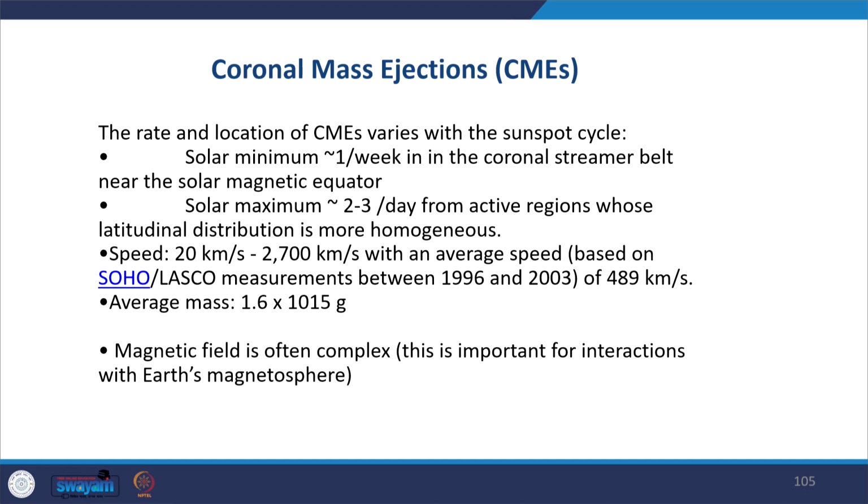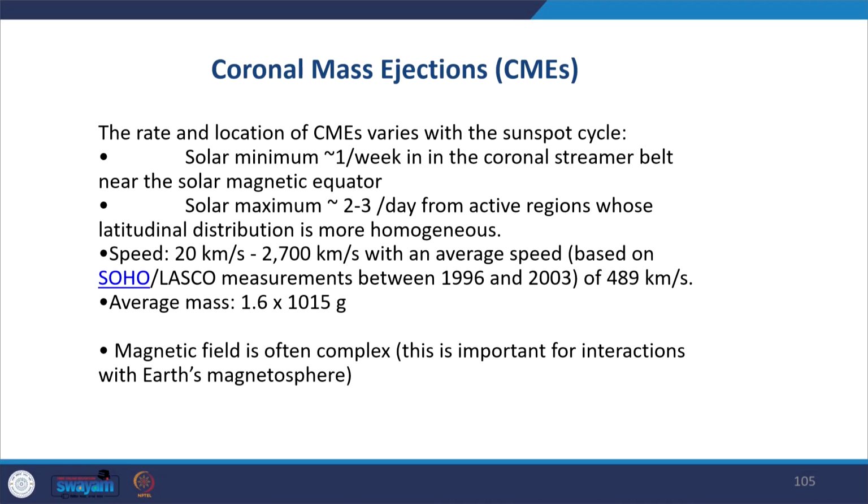Okay. So the spread of velocities can vary anywhere between 20 kilometers per second and 2,700 kilometers per second. So imagine particles with mass traveling at 2,700 kilometers per second; that is extremely energetic.